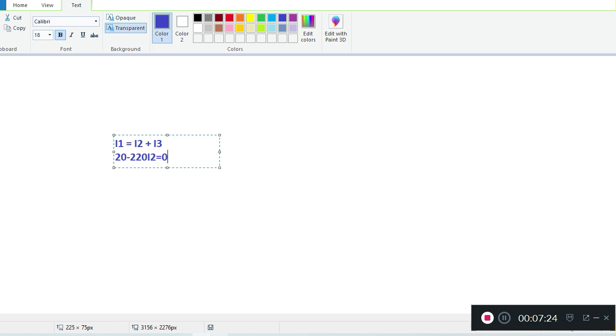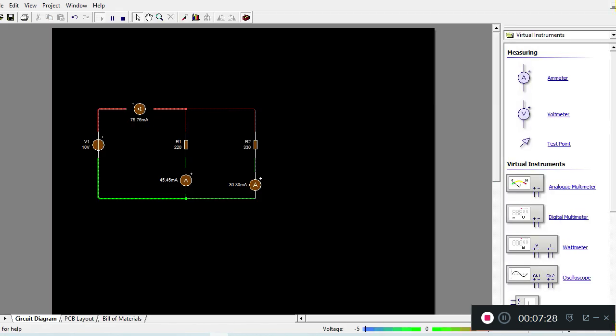Now let me go to the next loop. With the next loop, I'm going to move from here, which is negative, to the positive. Negative to positive means my voltage is increasing.